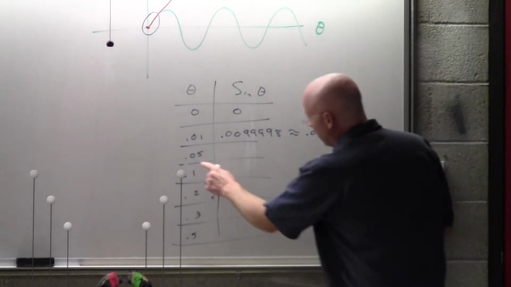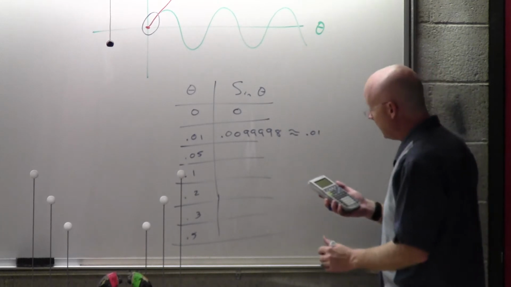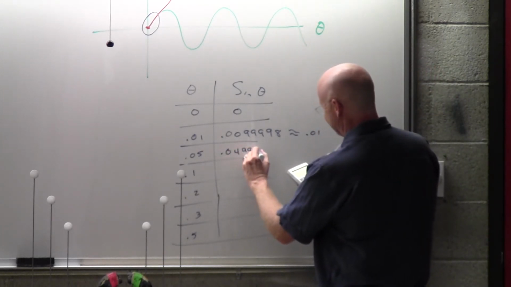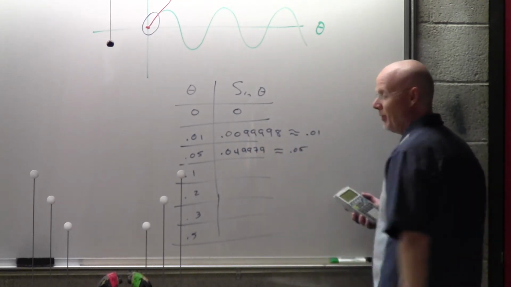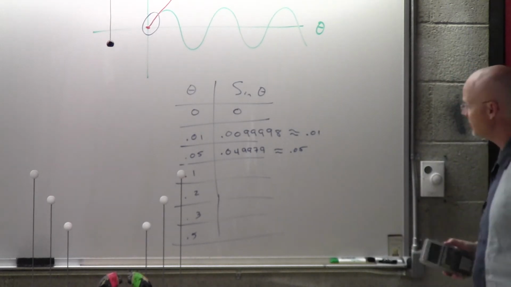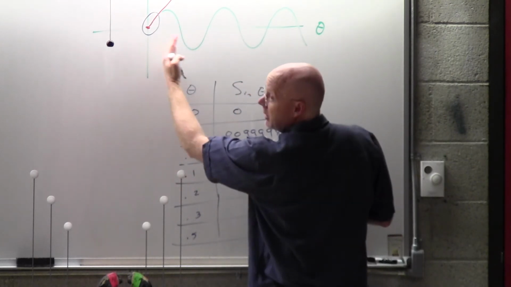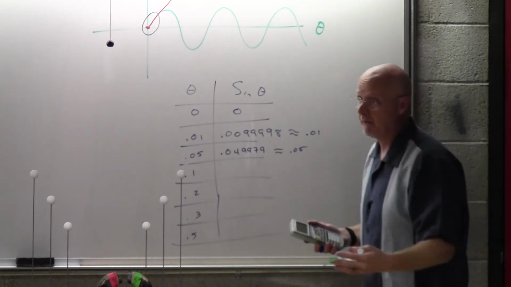Let me try a little bigger angle, 0.05. Sine of 0.05, well, I get 0.049979. Isn't that pretty close to 0.05? Not exactly, I agree, but pretty close. Let's try a little bigger angle. And you can see that as I move further along on the axis here, it's going to get more and more off.